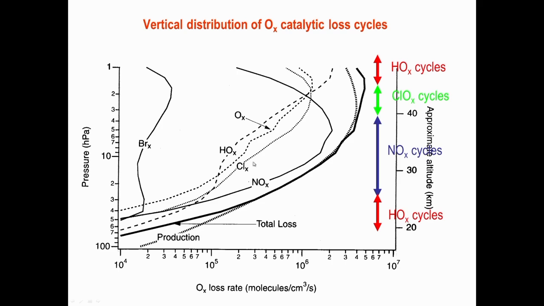And the various contributions. And because of these different slopes and profiles, you can see that the HOx cycle is most important here, the NOx cycle is most important here, the ClOx cycles are most important here, and the HOx cycles again are most important here, because of the different participation.